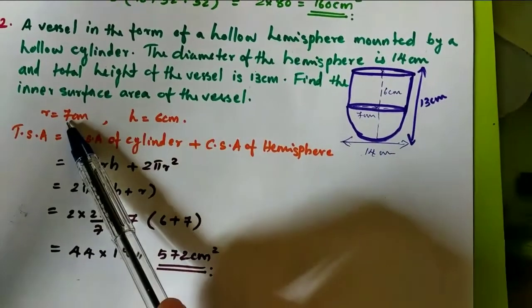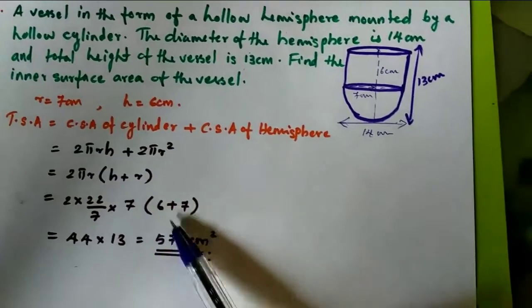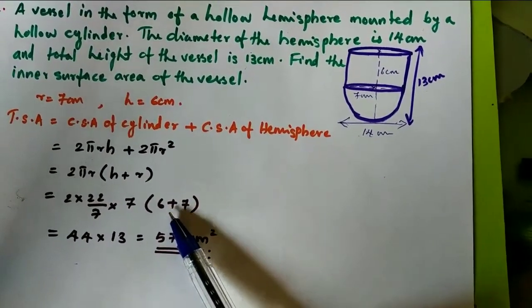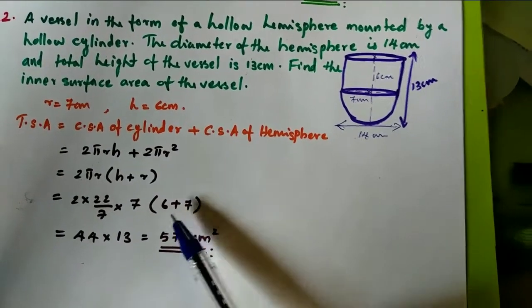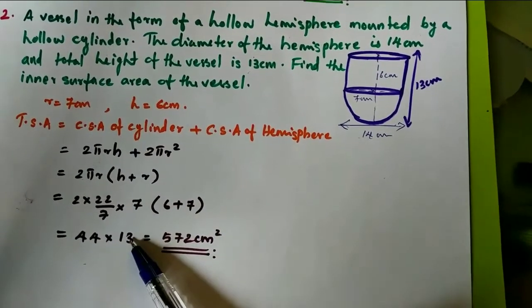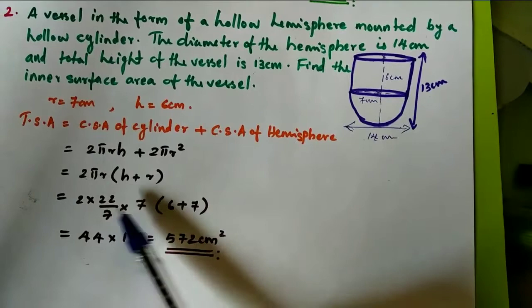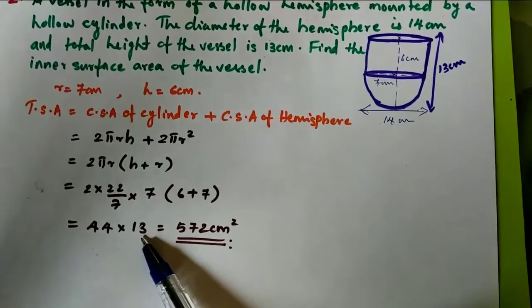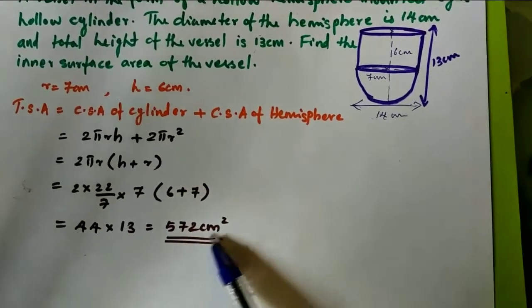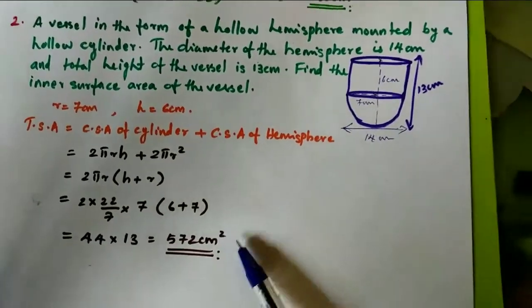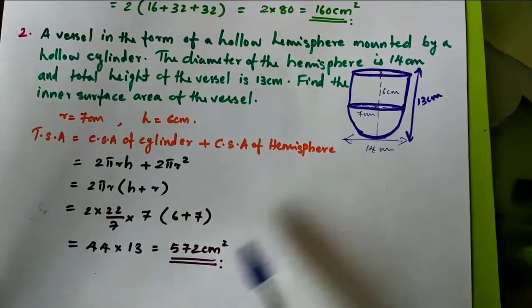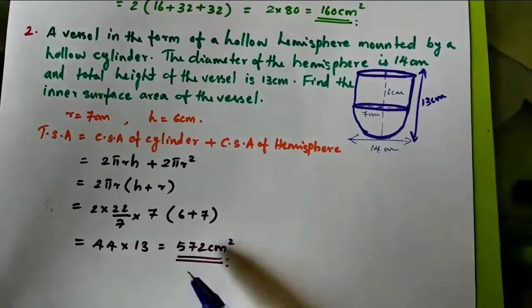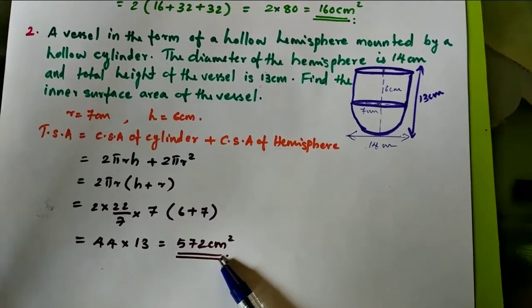Radius is we know 7 centimeter, and h is given 6 plus r is 7. Then 6 plus 7 equal to what? 13. 7 cancel, then 2 into 22 equal to 44. Then 44 into 13 is equal to 572 centimeter square. So this is the total surface area of this resulting solid, 572 centimeter square.